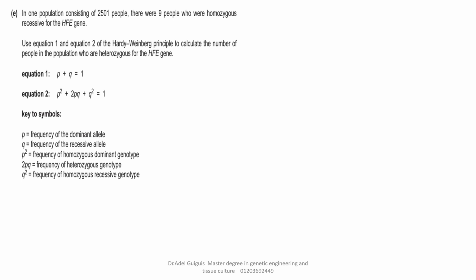Use equation 1 and equation 2 of the Hardy-Weinberg principle to calculate the number of people in the population who are heterozygous for the HFE gene, where the first equation is p plus q equals 1, and equation 2 is p squared plus 2pq plus q squared equals 1. Key to the symbols, to remind yourself: p is the frequency of the dominant allele; q is the frequency of the recessive allele; p squared is the frequency of the homozygous dominant genotype, I mean H capital.